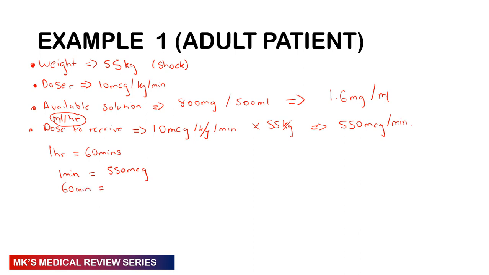We say X over there. So X multiplied by 1, then 60 multiplied by 550. So our X is going to be equal to 550 multiplied by 60 minutes. This gives us 33,000.